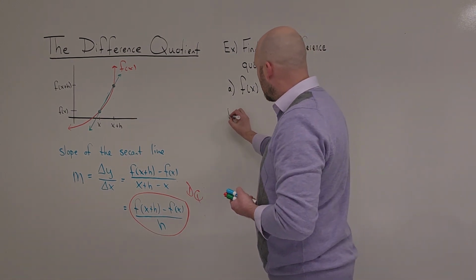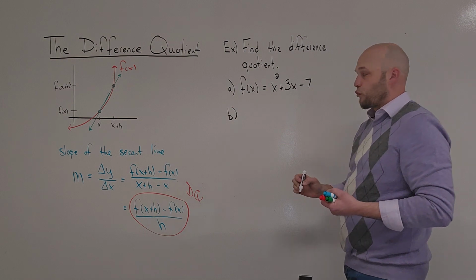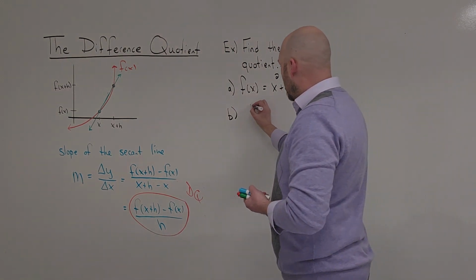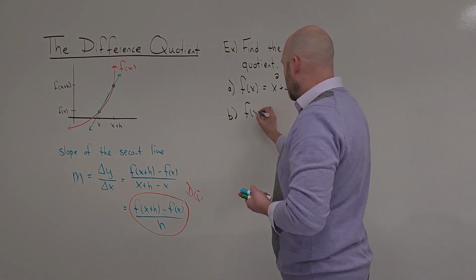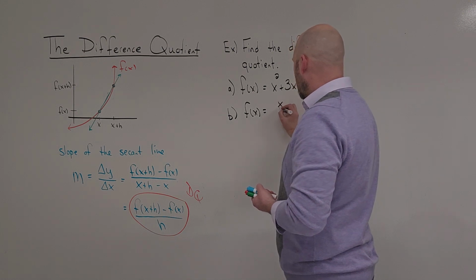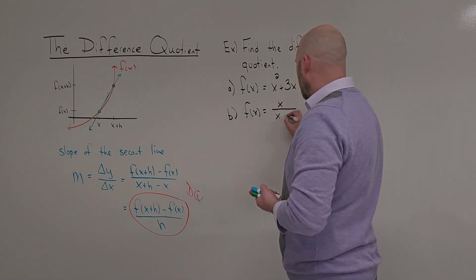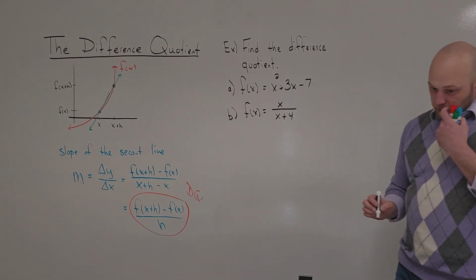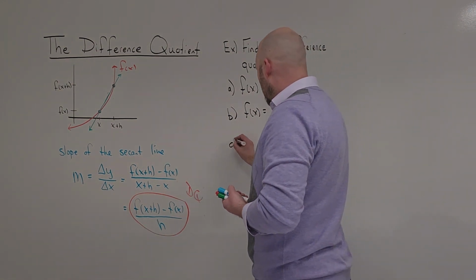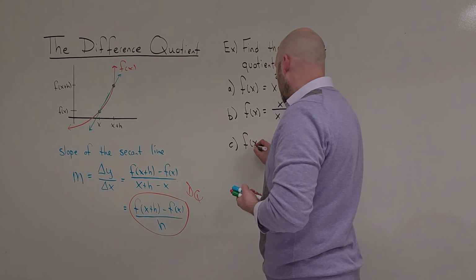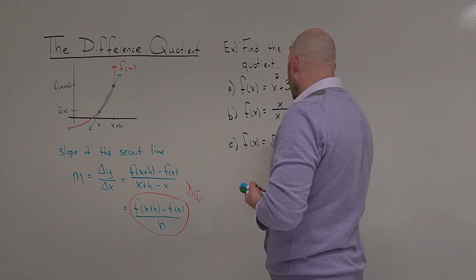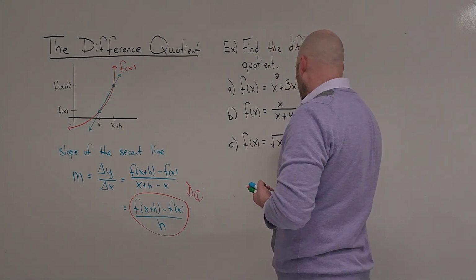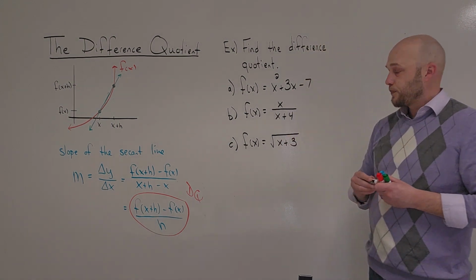Part B, let's use a rational function. Let's say f of x is x divided by x plus 4. And then for part C, let's use a radical function. So let's take a look at the square root of x plus 3.